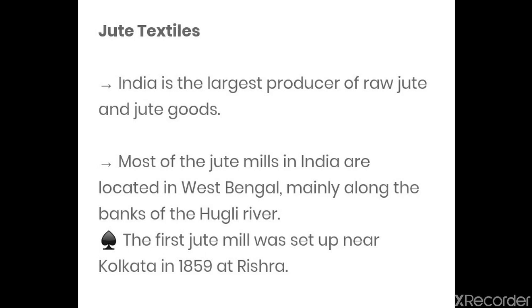The problem was that the jute mills remained in India, but three-fourths of the jute producing area went to East Pakistan, which is now present-day Bangladesh. The first jute mill was set up near Kolkata in 1859 at Rishra.